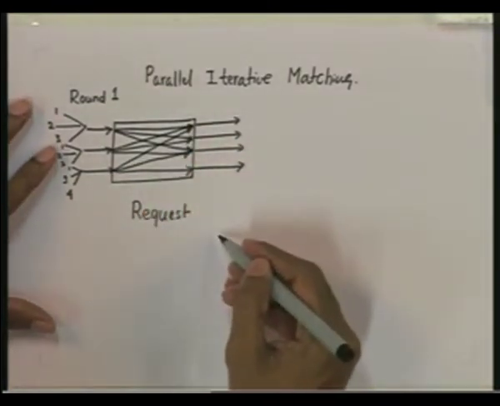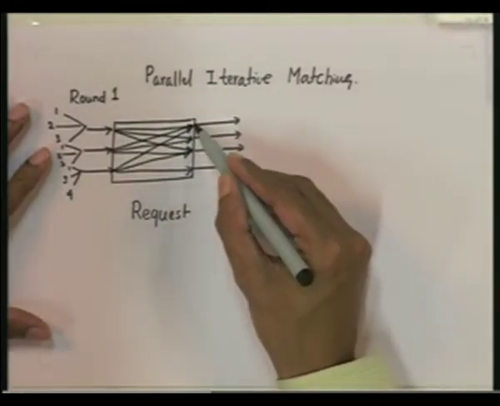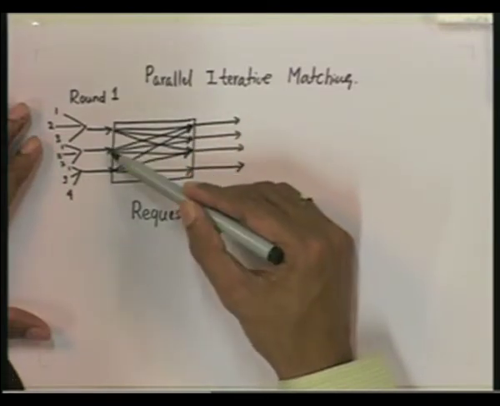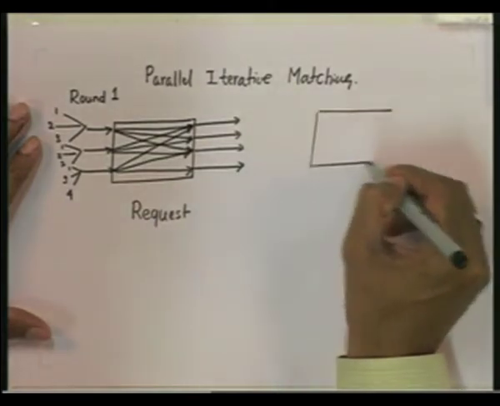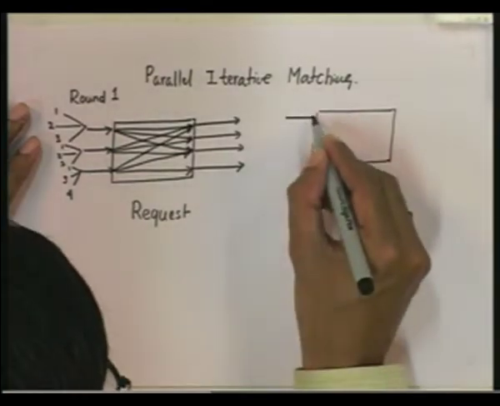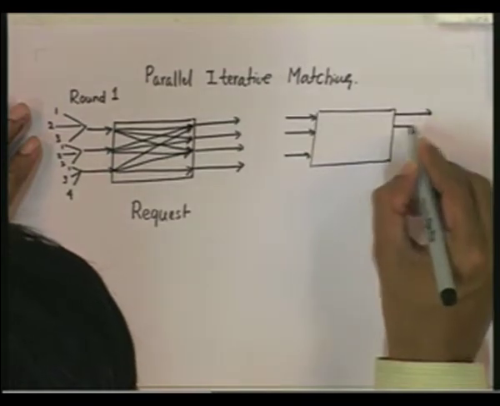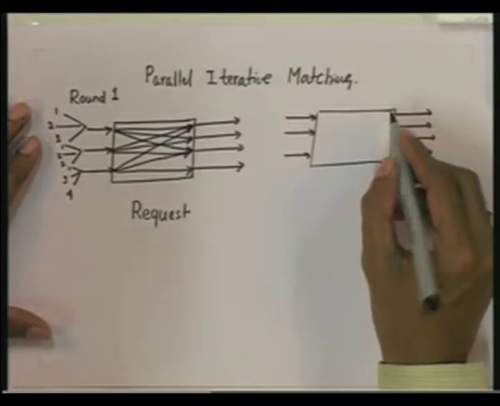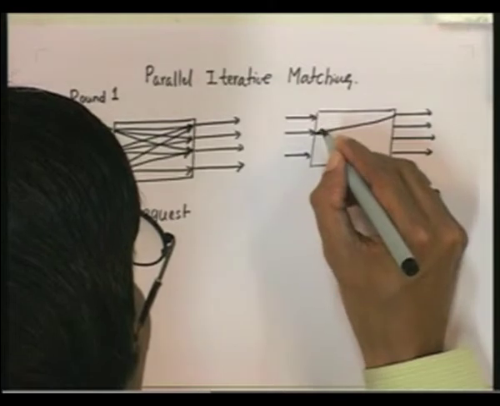So, this is the request phase, and then you have the grant phase. Now, as you can see here, output port 1 receives requests from input port 1, input port 2 and input port 3. So, it can randomly select which one of these input ports it wants to give a grant to. Let us say that output port 1 selects the second input port, so it gives it a grant.